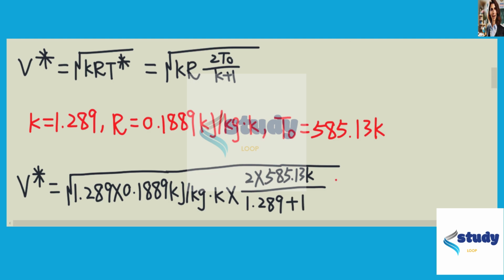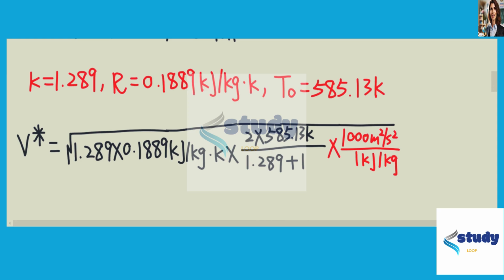And never forget to convert it to meter squared per second squared. Okay, so we need to multiply by 1,000 meters squared per second squared over 1 kilojoule per kilogram. Or another way to do it, you can just simply times 1,000 and convert kilojoule to joule.